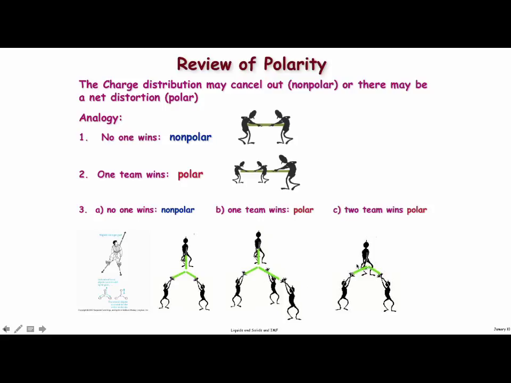Now, take this scenario right here, the third case, where one team doesn't have the leverage in order to draw those electrons because the geometry is not quite symmetric. Well, what happens is that these two will combine forces and there's going to be a drawing of that centerpiece towards the middle between these two, and therefore, since there will be winners, in this case 2 winners in this tug of war game, you have a polar situation.